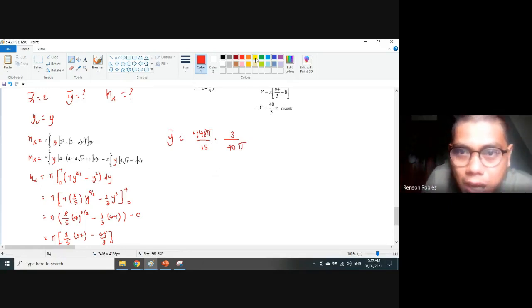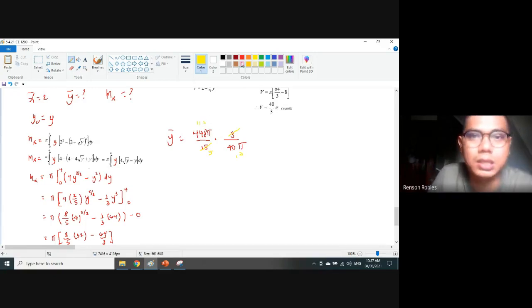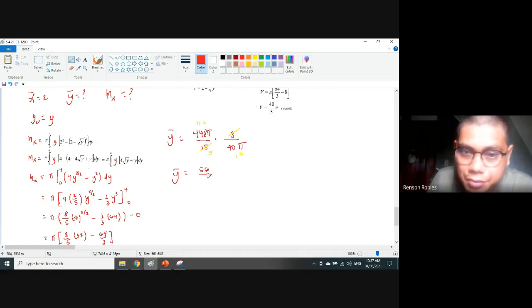So cancel this out. This will become 5. We divide this by 4. 112. By 4, it's 10. So by 2 again, it's 56. So bar y equals 56 over 5. Oh, over 25. Yeah.